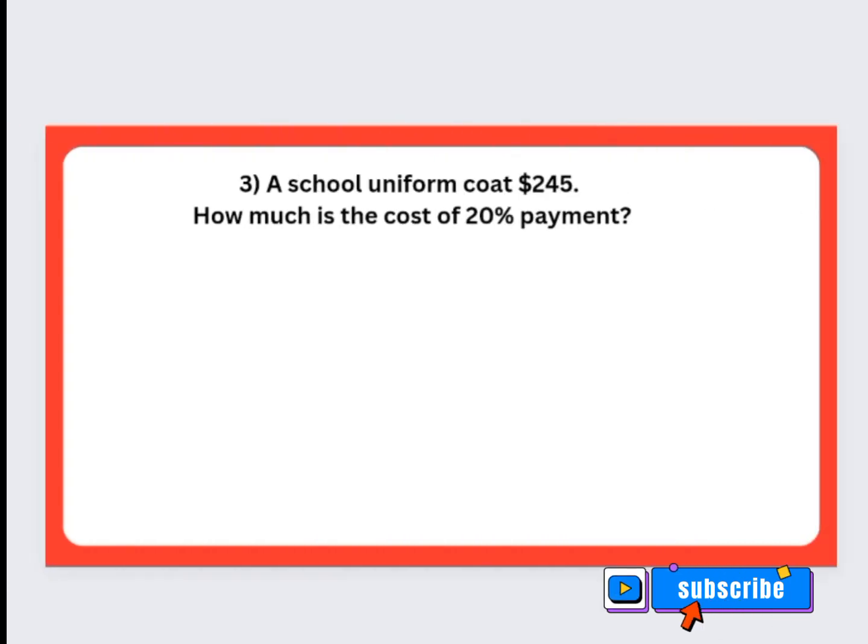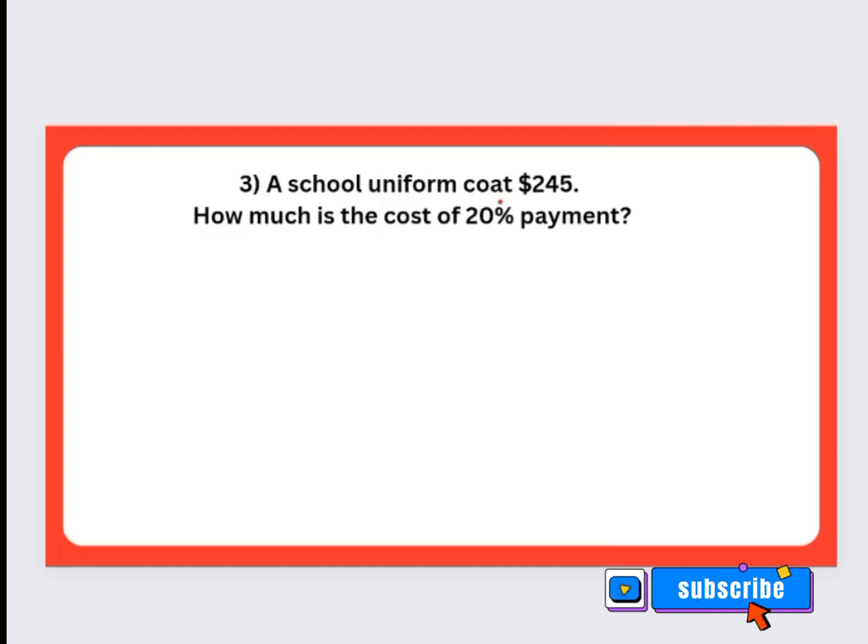So let's go to the third problem. We have a word problem here involving percentages, and it says a school uniform costs $245.